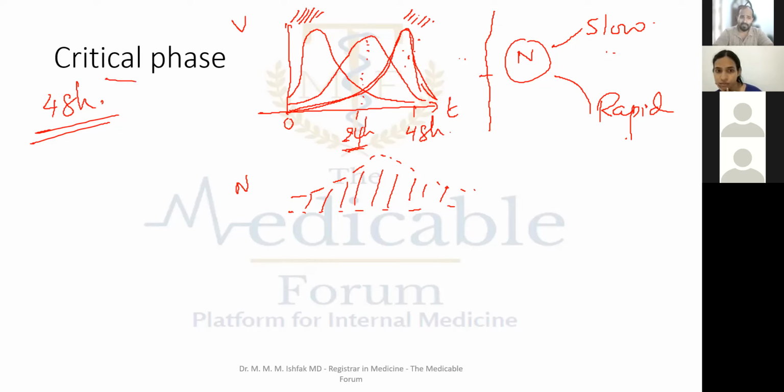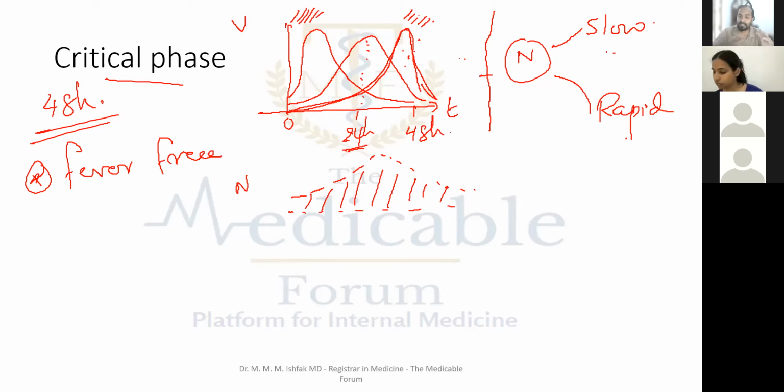Now, in the critical phase, what would the patient feel? The most important thing is fever free, the period of defervescence, the period where fever is over. The moment the fever is over, the patient will feel well for a few hours, then that is when the leaking starts.